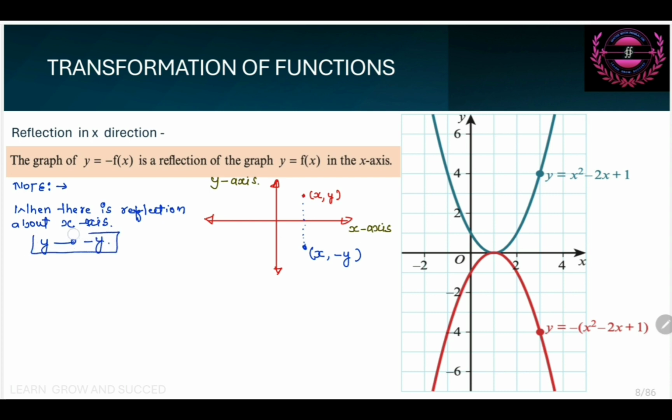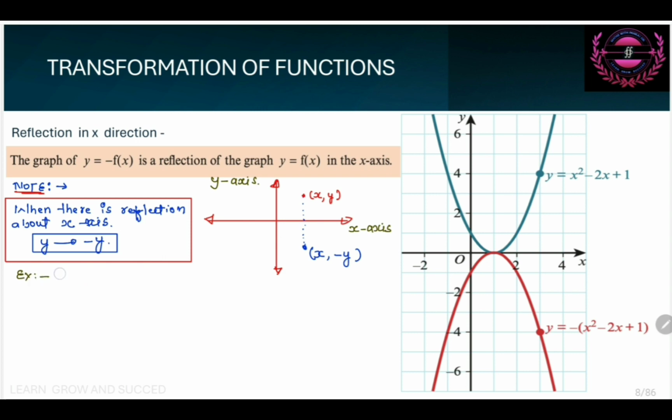This is important. y becomes minus y. When there is reflection about x-axis, then y becomes minus y. This is something to note. Let us understand this with an example.